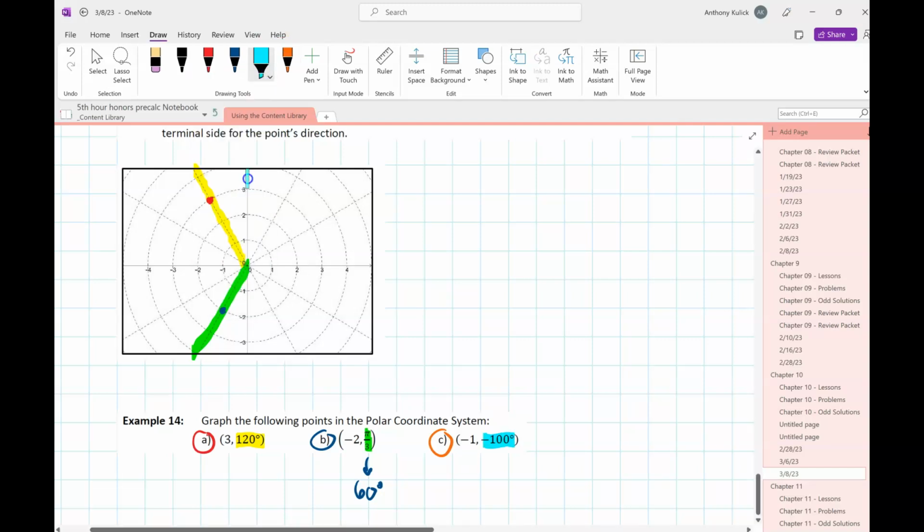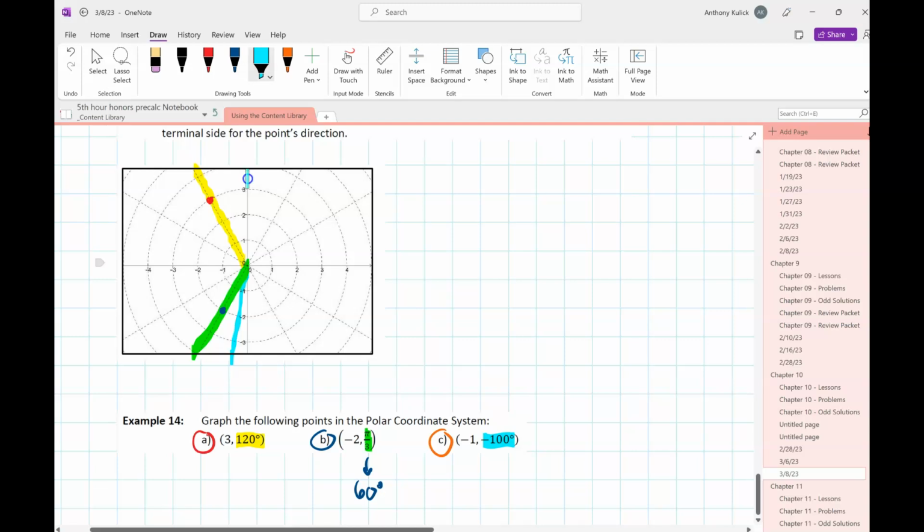So let's do part C now. It says negative 100. So remember, negative angles, we go clockwise. So negative 30, negative 60, negative 90. Negative 100 is probably somewhere over here-ish. Everybody's okay with that? But I noticed that my R value is also negative.